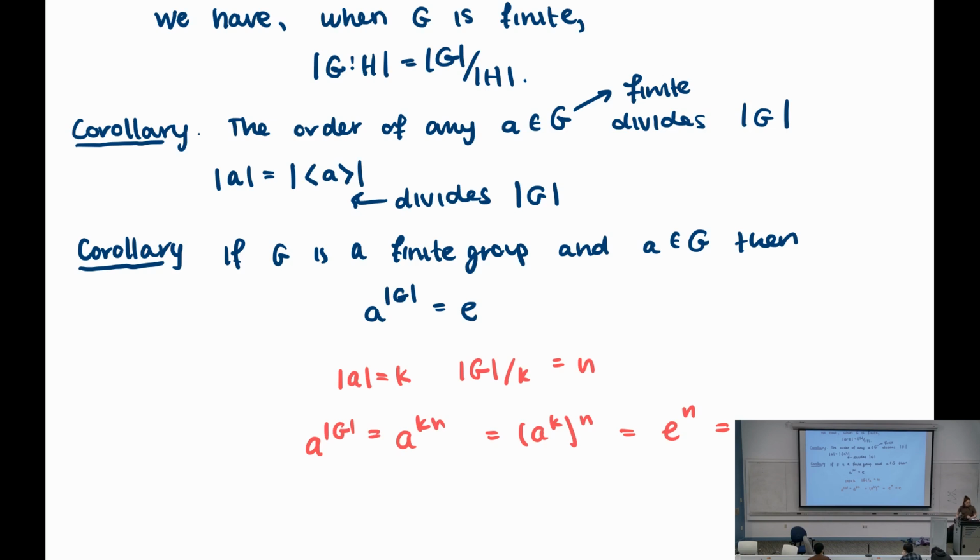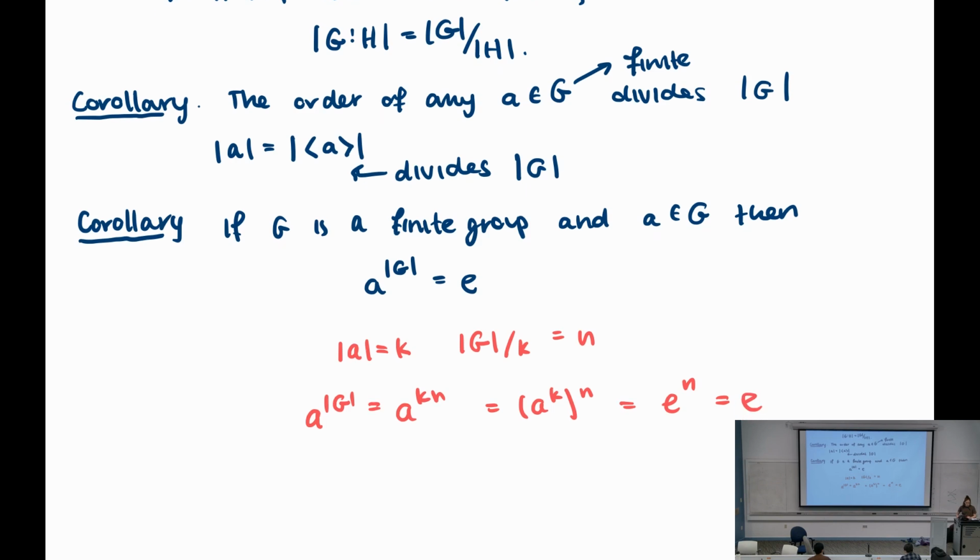Okay, so let's see one other corollary. There's two more that I wanted to talk about, but I'll do one of them on Monday. So here's another corollary. And this one is maybe less obvious. This one is called Fermat's little theorem.